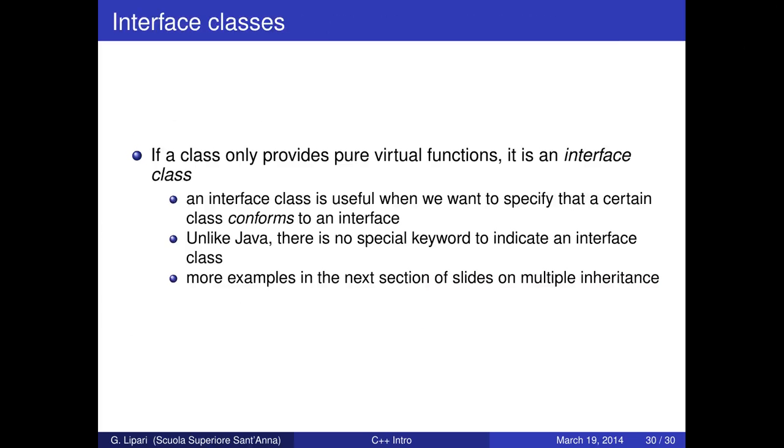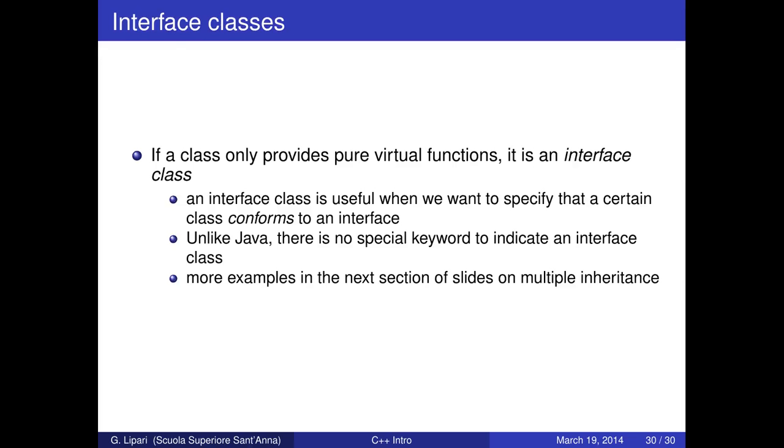What is an interface class useful for? We want to use interface classes to specify that a certain class actually implements a certain interface. This is quite common in Java, and in fact in Java there is a keyword for indicating that a class is an interface class. Instead of writing class, I don't know, Jack, you are going to write interface Jack. Okay?